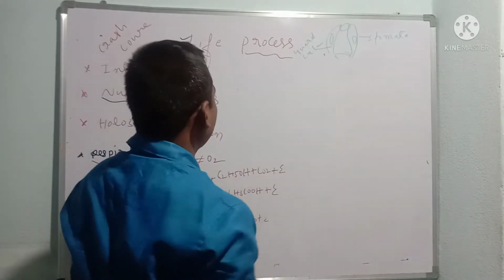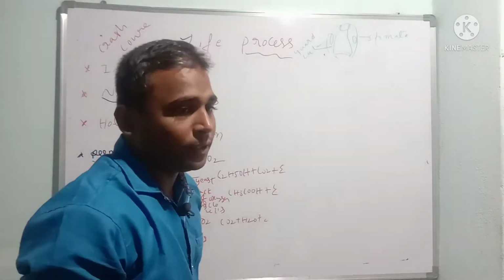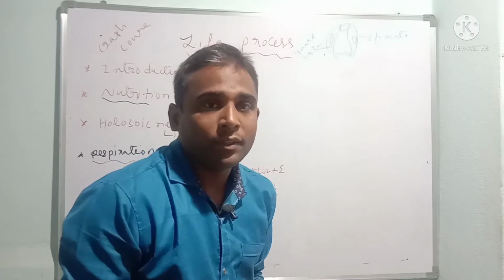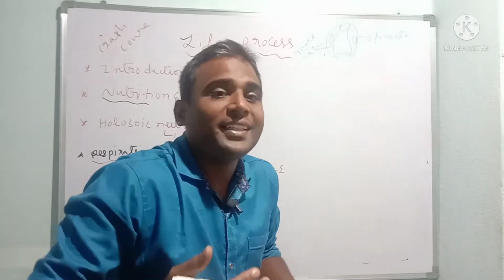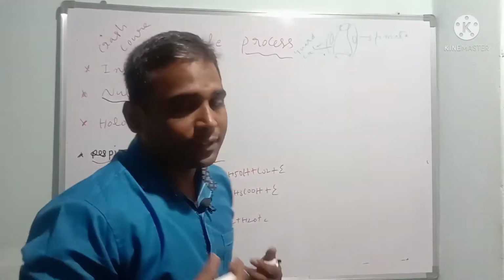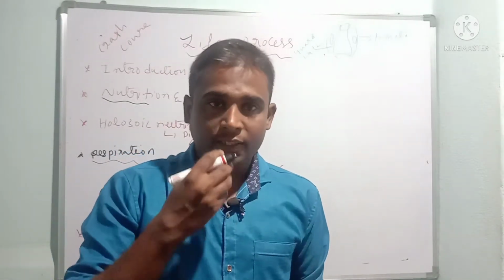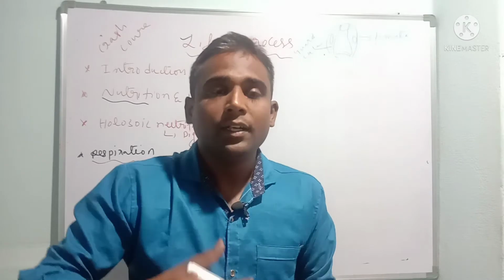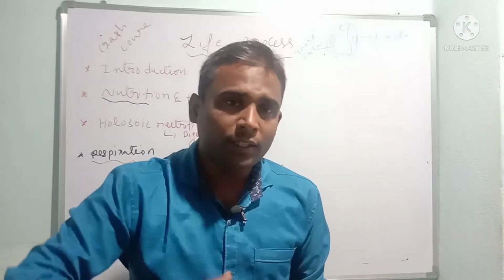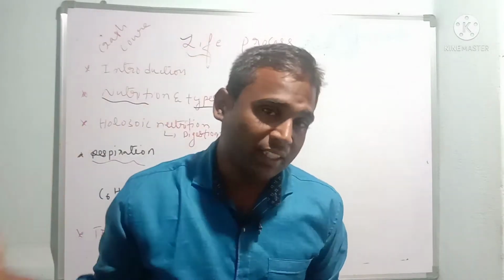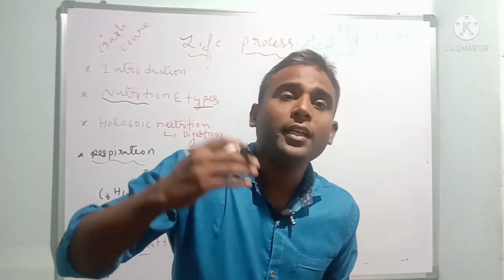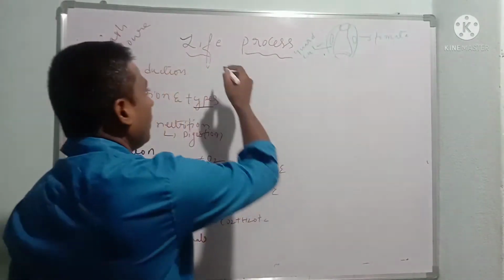Life process. So life process is nothing but an organism performing various actions. For example, we perform respiration, digestion, ingestion, nutrition, transportation. We are going to do so many activities. So that is called life process.